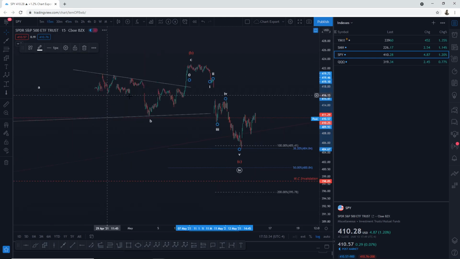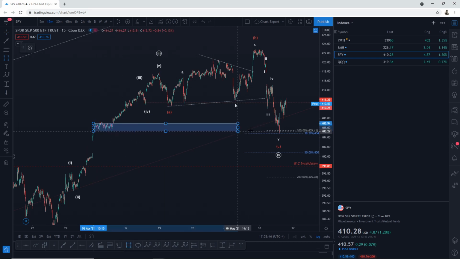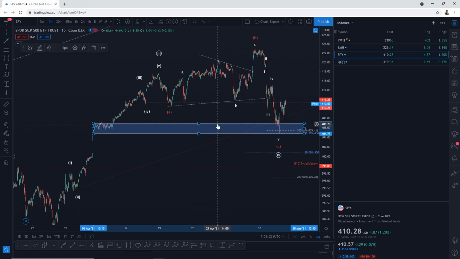Do I have that drawn out? No, but see, take a look. So this is 1, 2, 3, 4, and 5 to finish this wave 3 degree. Oftentimes you'll find that the previous wave 4s in the smaller degrees tend to be some sort of support for the next structure in the higher degree.